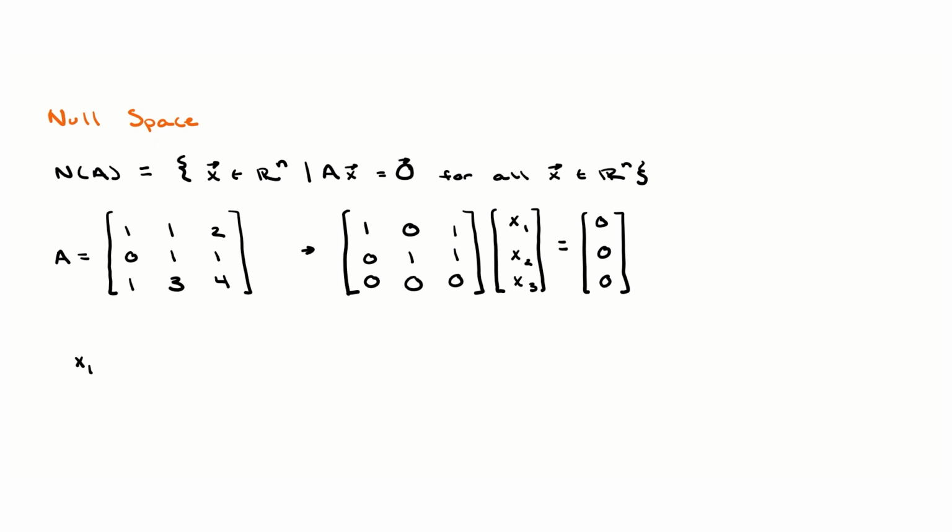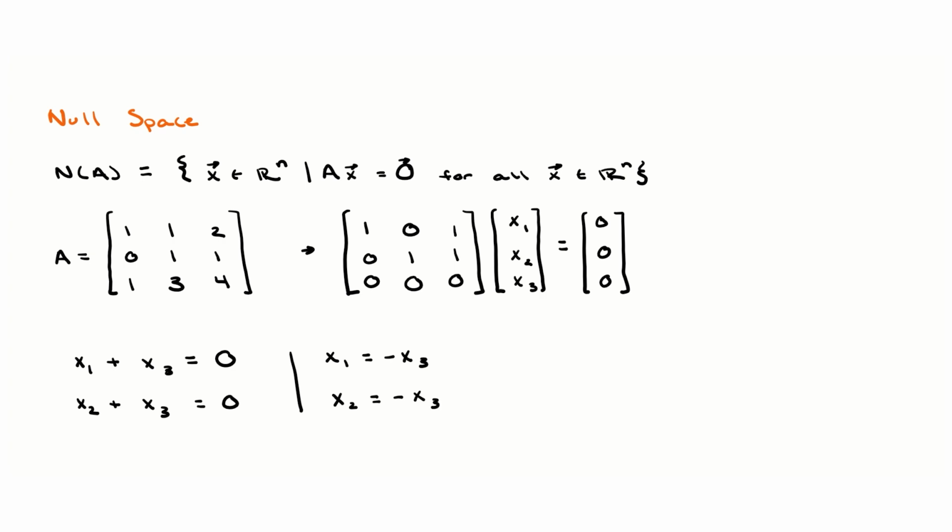We get x sub 1 plus x sub 3 equals 0. That comes from our first row. And our second row gives us x sub 2 plus x sub 3 equals 0. This in turn gives us x sub 1 equals negative x sub 3, and x sub 2 equals negative x sub 3.